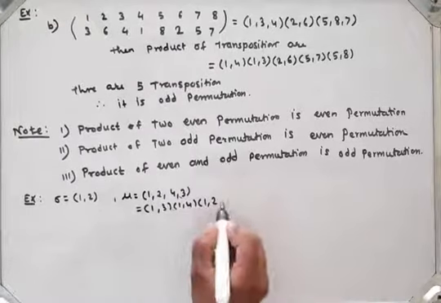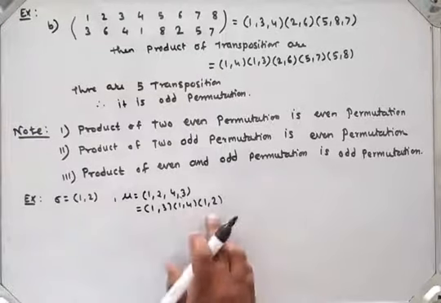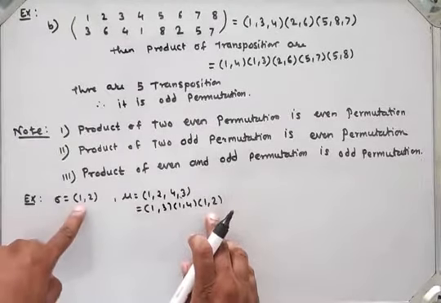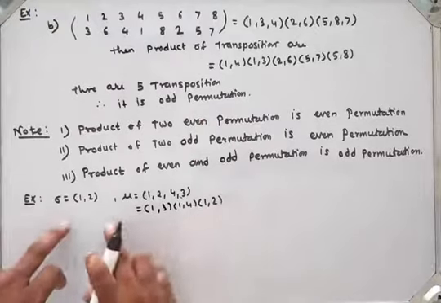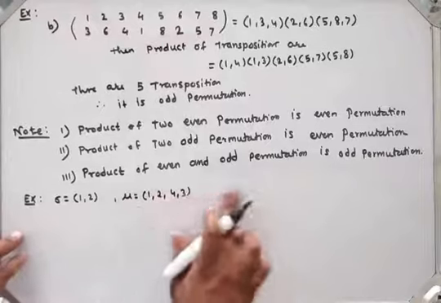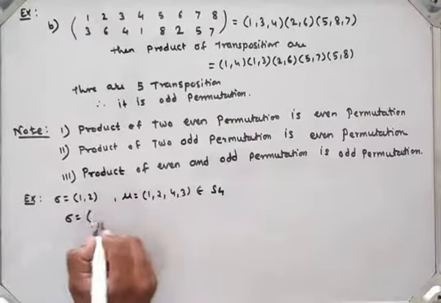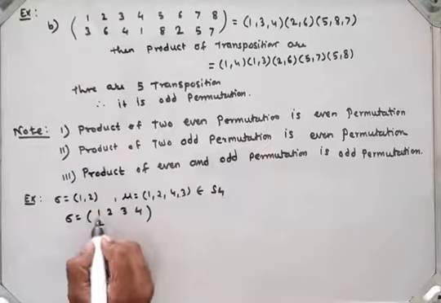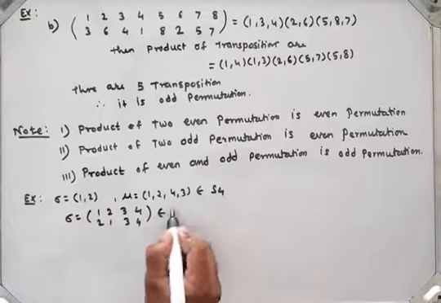So in total here 3 transpositions, meaning this is an odd permutation, and here is one transposition, which is again an odd permutation. Then their product belongs to S4. Sigma can be written as 1 2 3 4: 1 goes to 2, 2 goes to 1, 3 and 4 stay as they are, which belongs to S4.